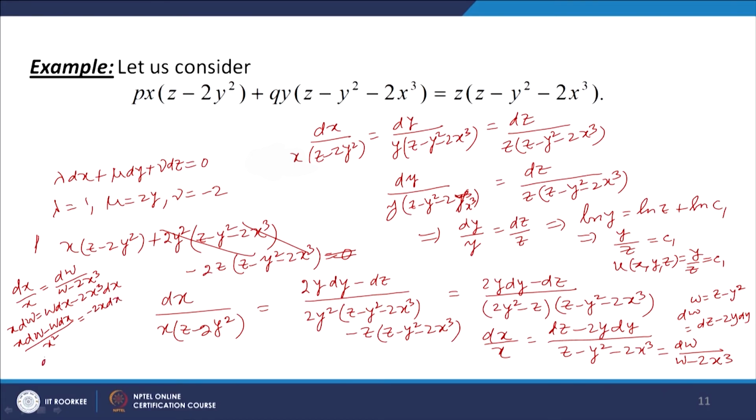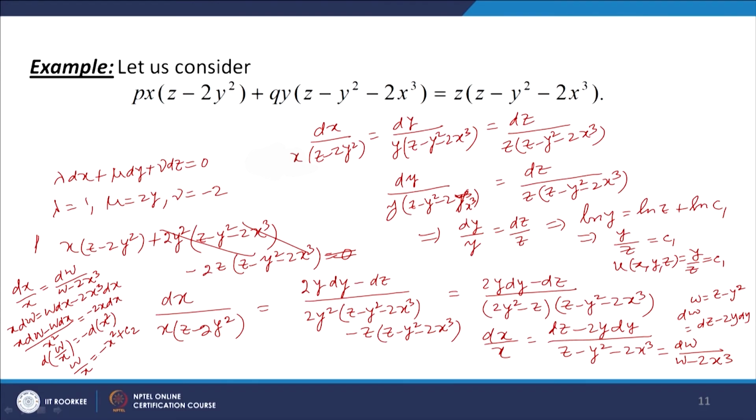And this is d of w over x equal to minus d of x square. So, when we integrate, we get w over x equal to minus x square plus a constant C2.